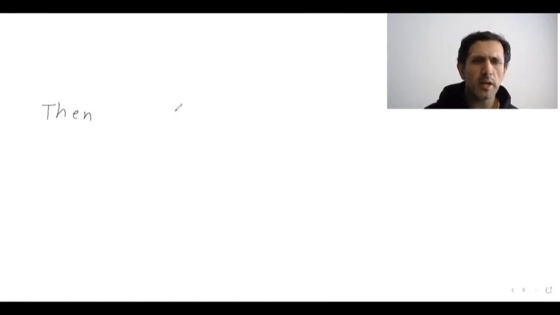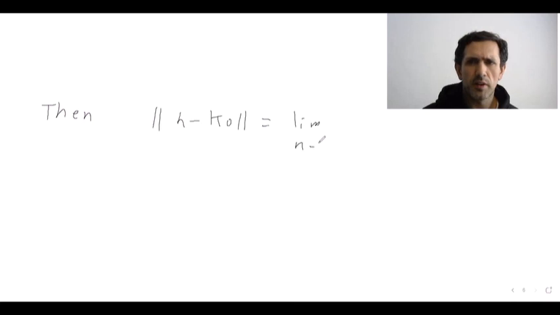So now by continuity of norms, well, Xn converges to K0, so H minus Xn certainly converges to H minus K0.